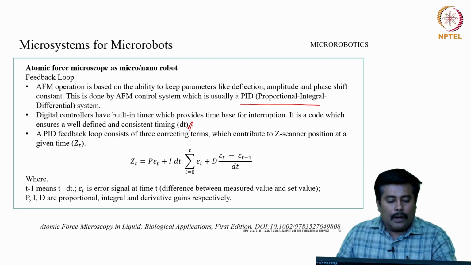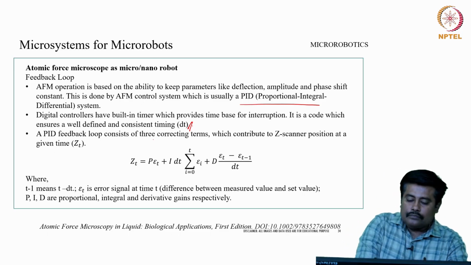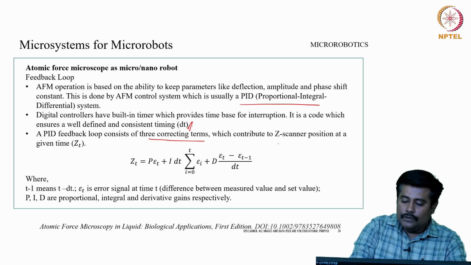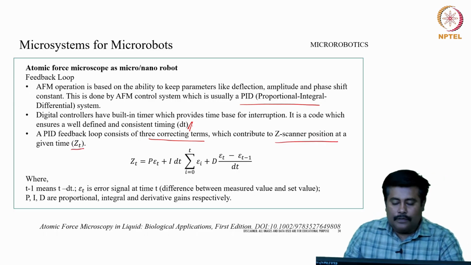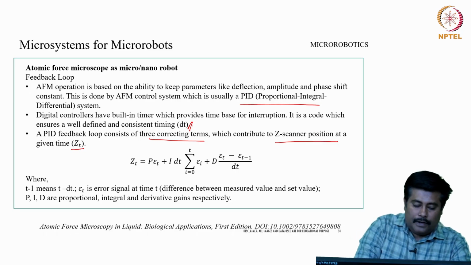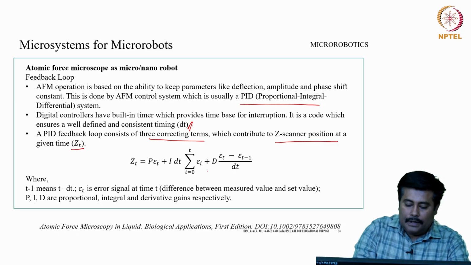A PID feedback loop consists of 3 correction terms which contribute to the Z scanner position at a given time, Z of t. So, Z of t is represented as P epsilon t plus I dt epsilon I plus D epsilon t minus epsilon t minus 1 by dt.